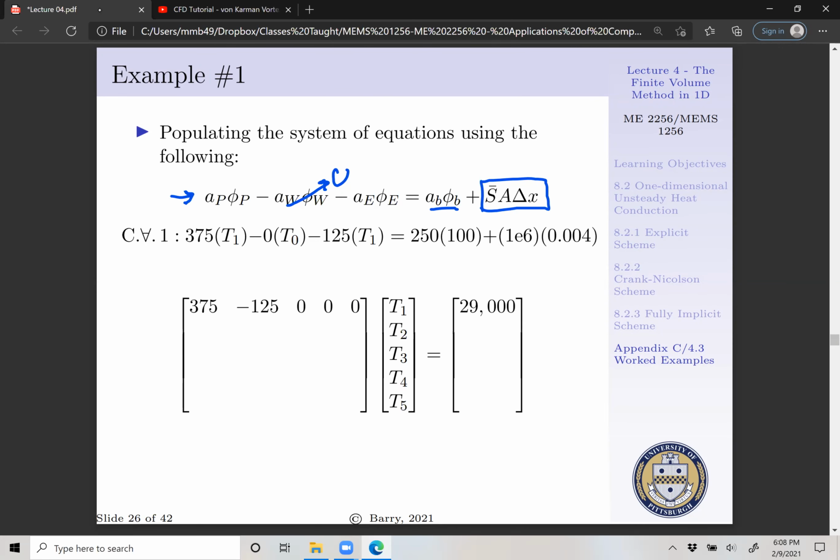It is incredibly simple. So if we look at this, we found AP to be 375, and this would be multiplied by T1. We have no T naught because A west was 0. Then we're going to have minus 125. Oops, that's a 2. My apologies. I'll try to remember to fix that in the actual slides.